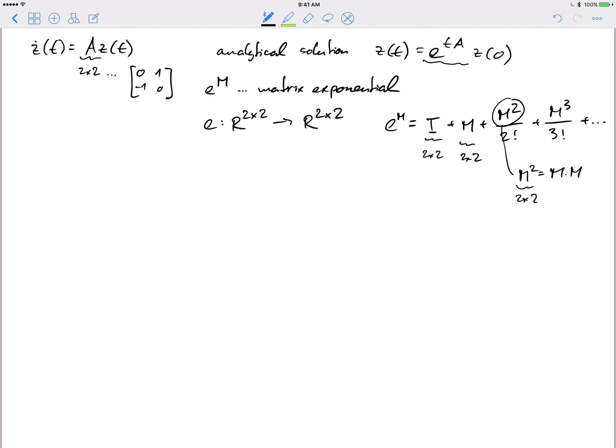Let's see. Yes, it does. It has to. Well, actually, let's not get stuck on this. Let's look at it for our homework. It definitely does converge for this matrix. Okay, and that's all we need right now. I think in general you probably need some assumptions, but I don't remember what they are.